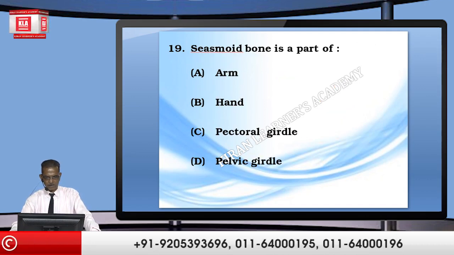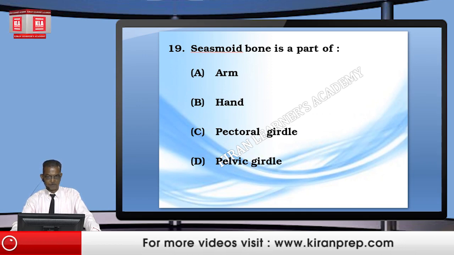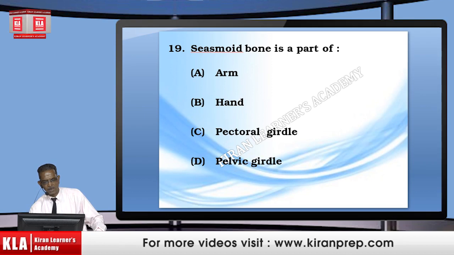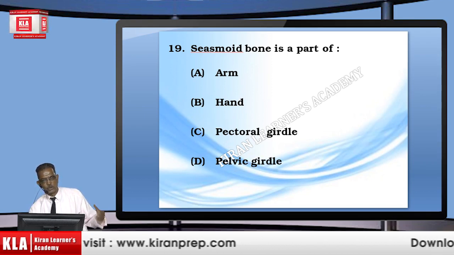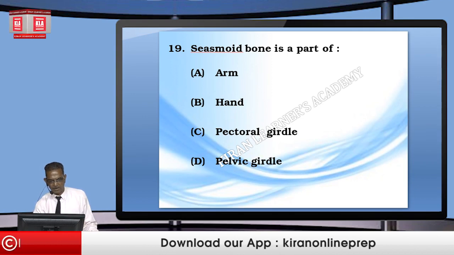Next, the sesamoid bone is a part of: arm, hand, pectoral girdle or pelvic girdle. Look here, the sesamoid bones are bones that are found at the bigger joints, and it is part of what we call the arm bone.